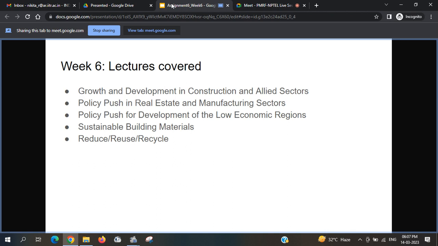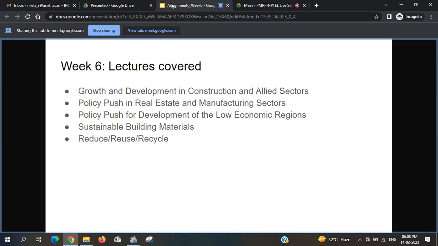Some regions might be highly developed, some regions might have high economic productivity, some regions might be struggling with economic development. So this lecture would have introduced to you a little bit about how different policies are in place to push for development of the low economic regions which are there in India.